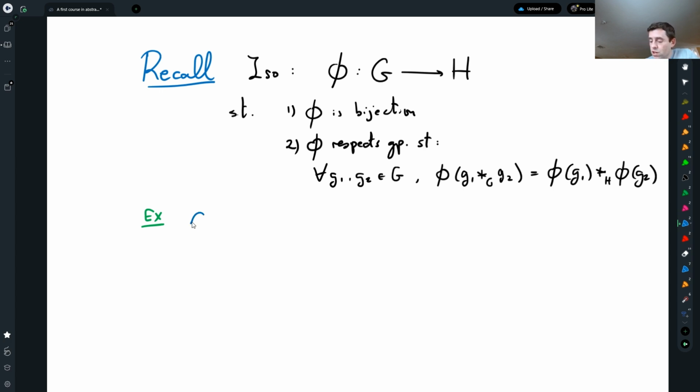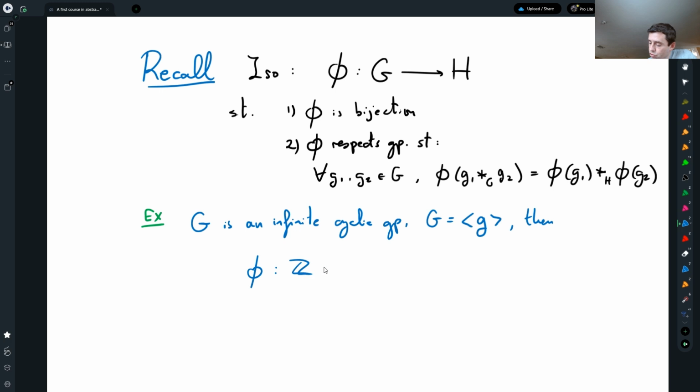Remember that if G is an infinite cyclic group, let's say that G is generated by one element g, then the map that sends the integers to G such that n goes to g to the n is an isomorphism.